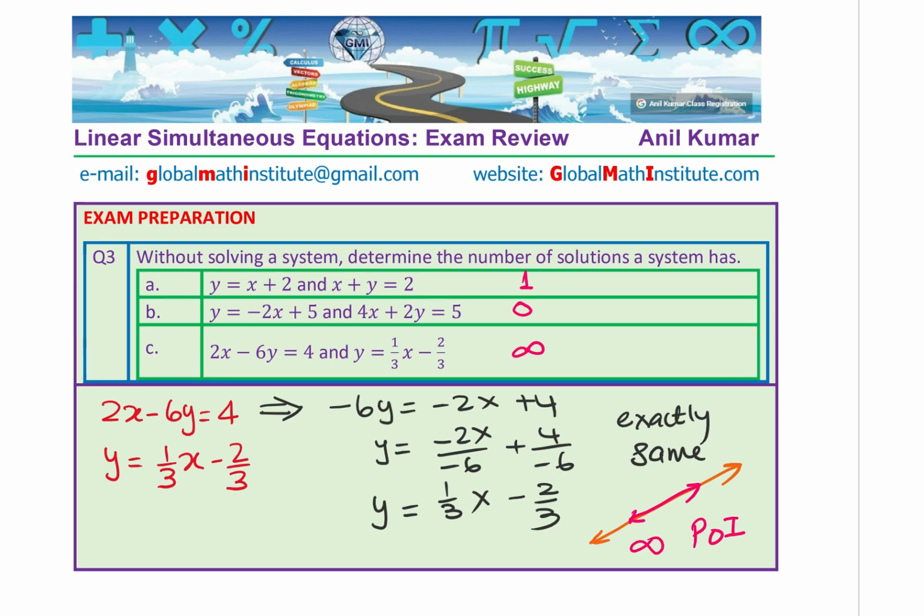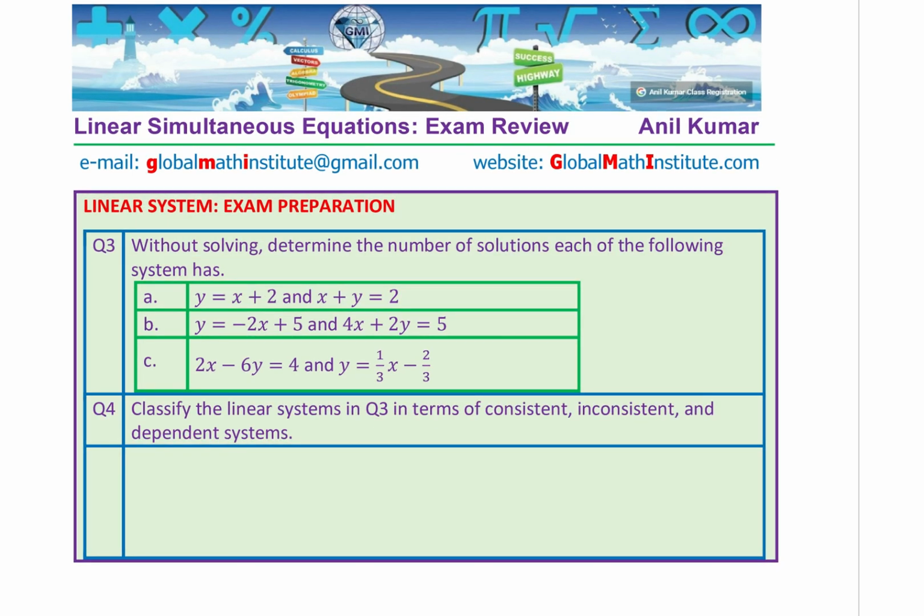Now let's define a few more terms which are related to the number of solutions and linear systems, describing them in a different way. Question number 4 was: classify the linear systems in question 3 in terms of consistent, inconsistent, and dependent. So let's try to understand these three terms. When we say consistent, it means what?